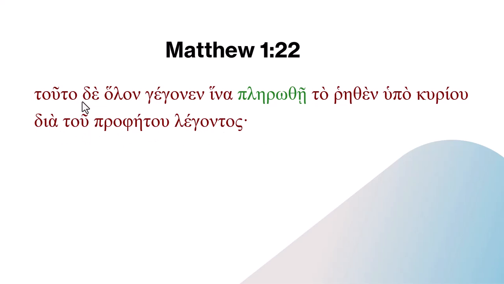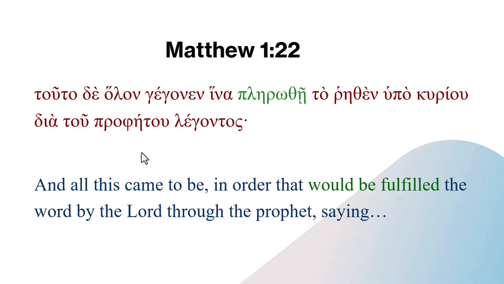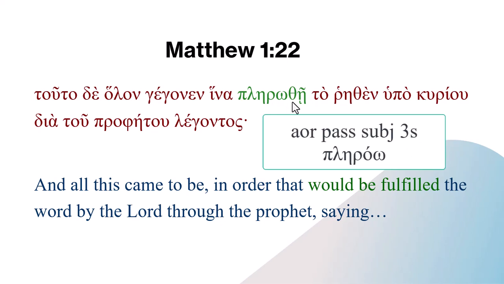All this happened, halon, geganen, there's a nice perfect from ginomai, hina, in order that plerothe. This is an aorist passive subjunctive, third singular, from plerao, to fill or to fulfill. So here it would be something like would be fulfilled, might be fulfilled.